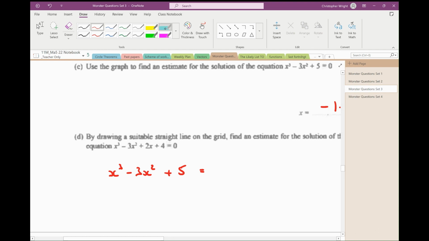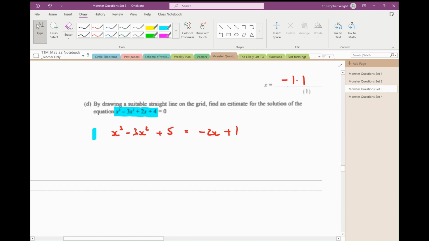In order to change that into what I want, I'm going to need to have subtracted 2x from both sides. And I'm also going to need to have added 1 because a 4 has become a 5.